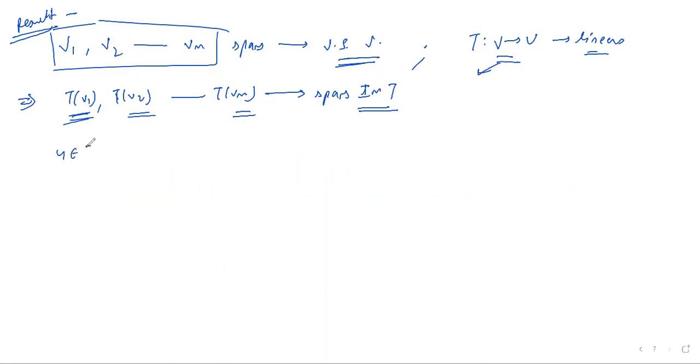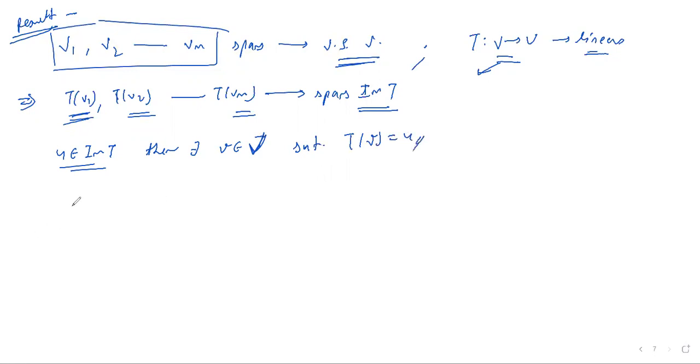Let's say u belongs to the image of T. This means that there exists a vector v for which it is the image, so there exists a vector v which belongs to the vector space V such that T(v) equals u.